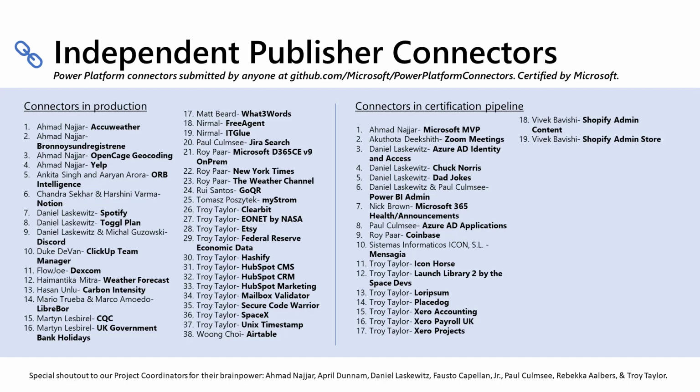But we also have a lot of different kinds, especially with registries. We have the registries to Norway, but then also we have something called LibreBor, which allows you to go into the registries for Spain. So it's really interesting to start seeing all the trends and the commonalities that we have, including, of course, a connector to NASA too. So it's pretty awesome to see the wide variety that we're getting.